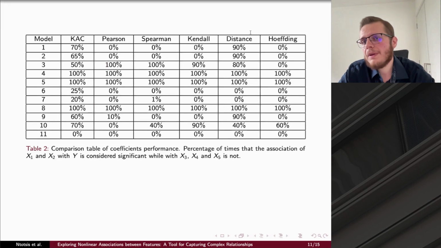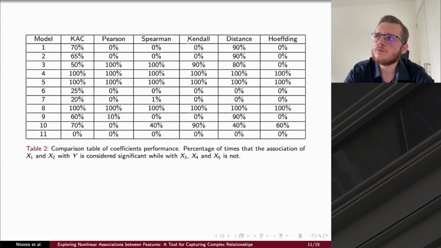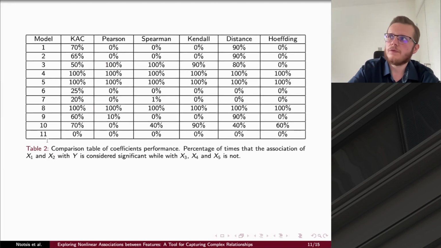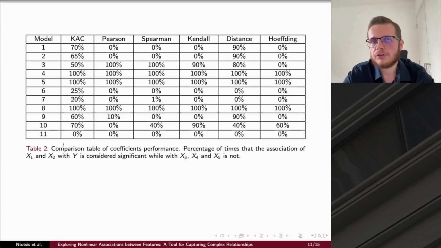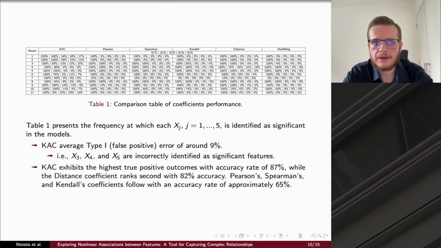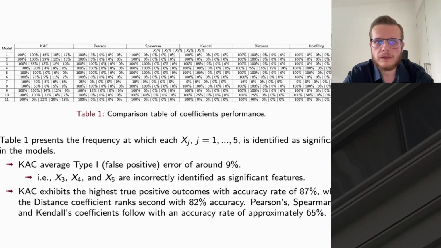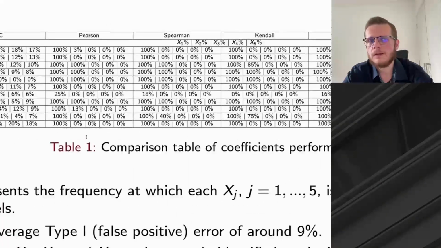We believe that this happened because all the other coefficients tend to focus more on the linear aspect of a model, while in the scenarios that we created here, for example the 11 scenarios, we have one linear transformation and one non-linear. So we wanted to see how many times a measure is capable of locating both. If you see this example here in this table, I don't know if I can zoom in. Can you see it zoomed?